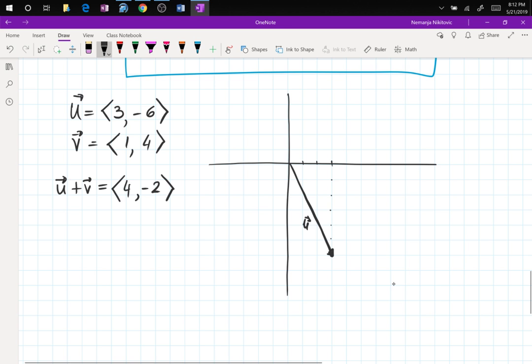That's vector u. And then vector v is 1, 4. Now 1, 1, 2, 3, 4 is here.